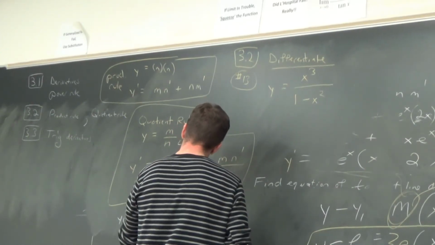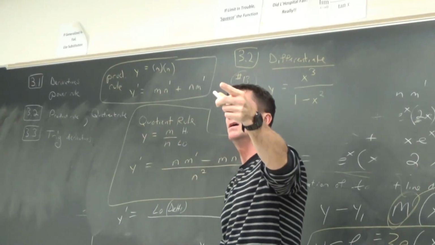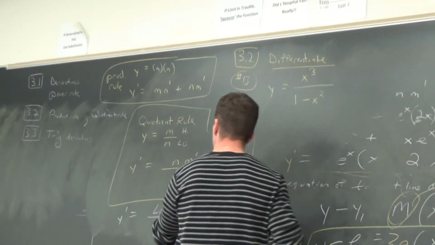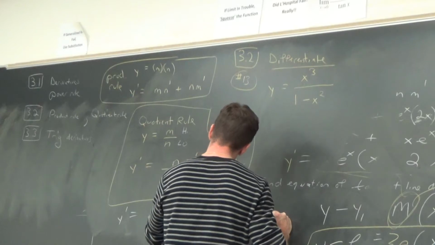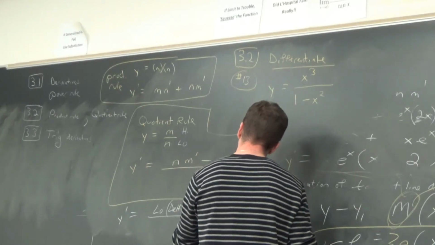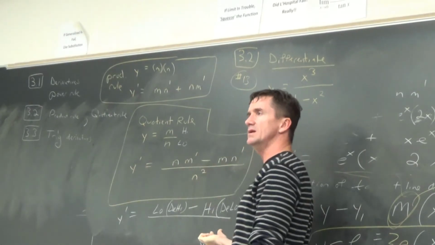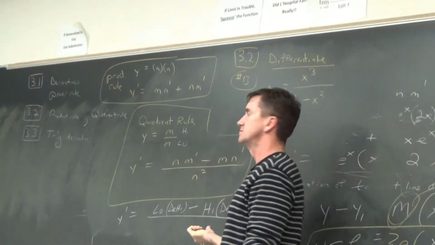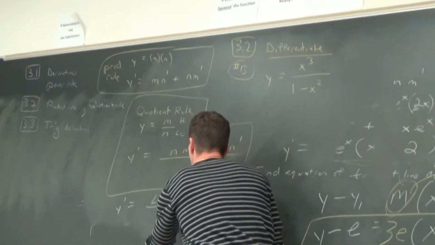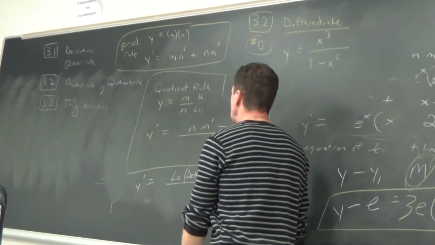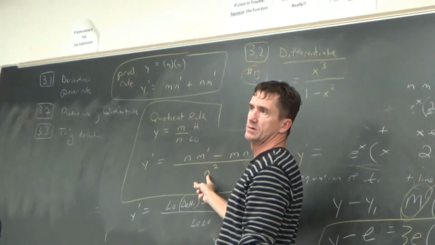What does D high stand for? Derivative of the high. So low D high minus high D low. What does D low mean? Derivative of the low. All over low low. Low low meaning I multiplied low times low, low squared.